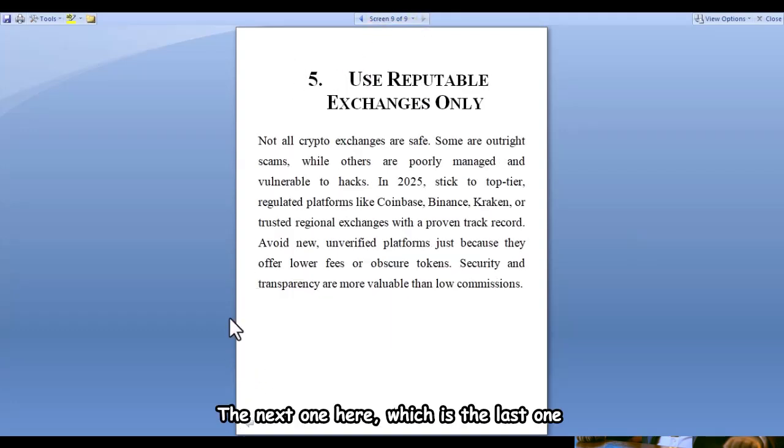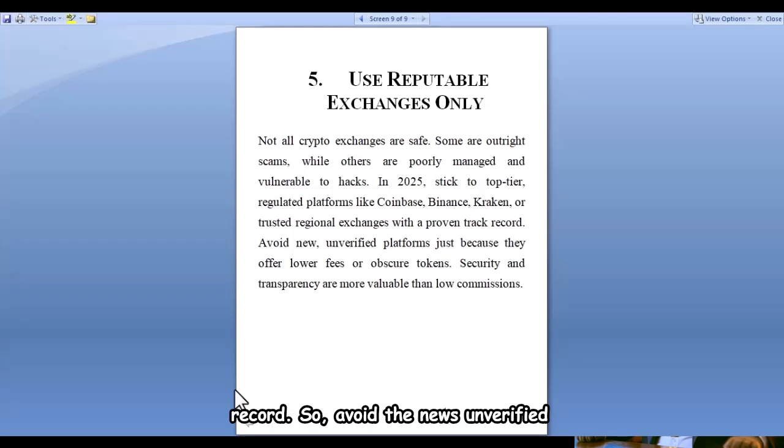The next one here, which is the last one, says use reputable exchanges only. Not all crypto exchanges are safe. Some are outright scams, while others are poorly managed and vulnerable to hacks. So in 2025, stick to top-tier regulated platforms like Coinbase, Binance, Kraken, or trusted regional exchanges with a proven track record.